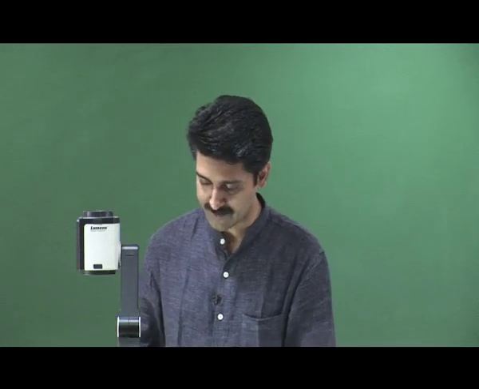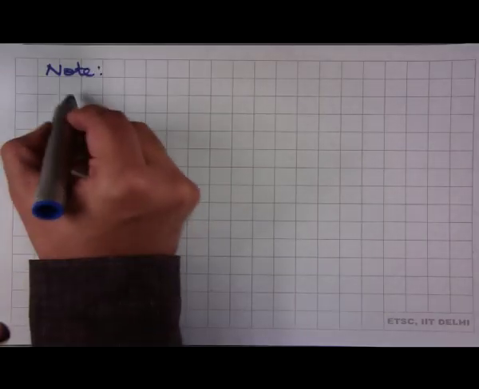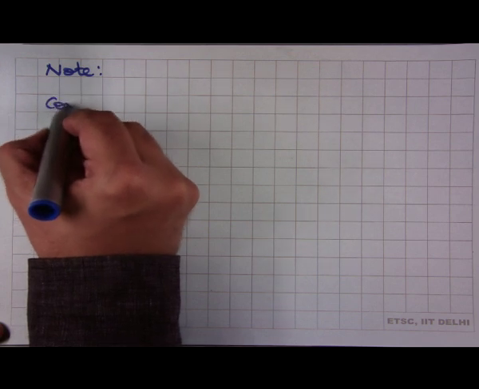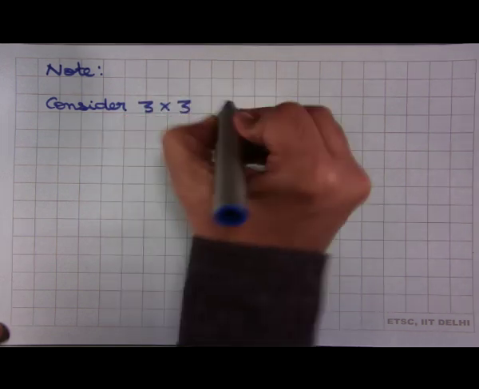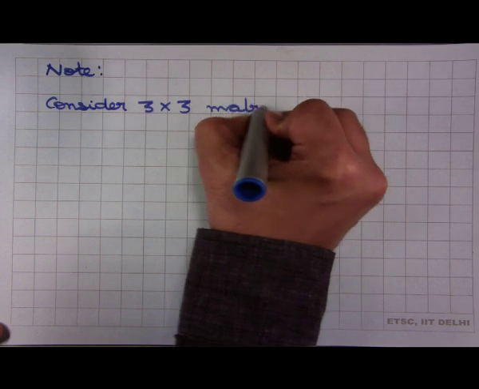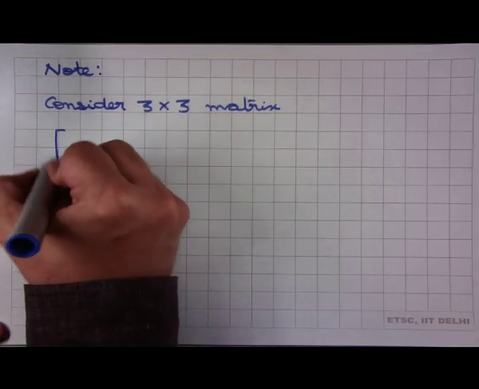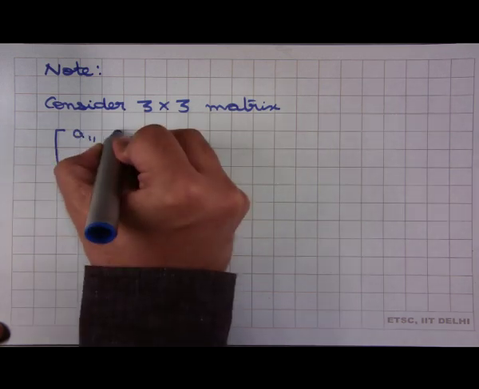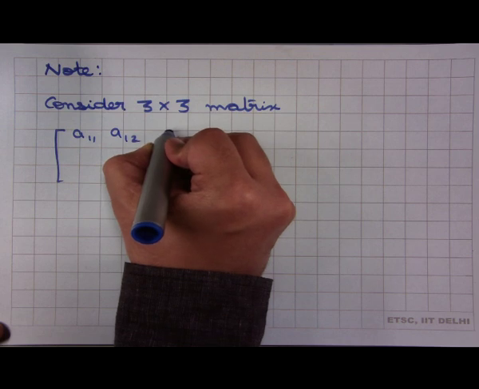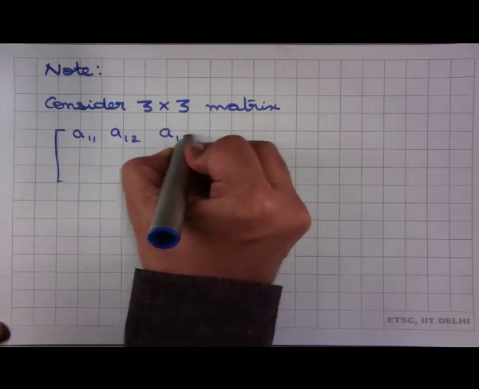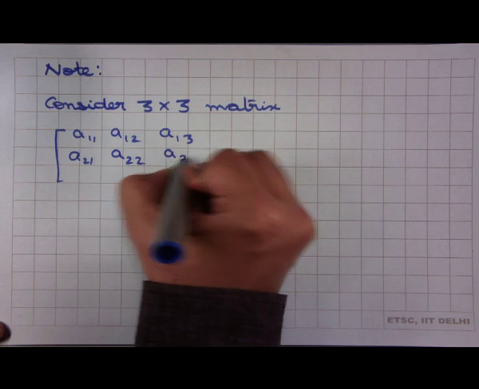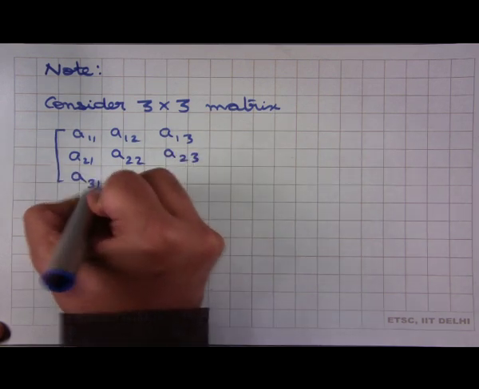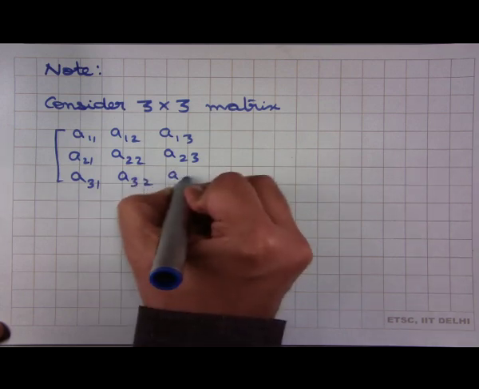Let us look at a 3 by 3 matrix, and as before we use a11, a12, a13, a21, a22, a23, a31, a32 and a33, right.